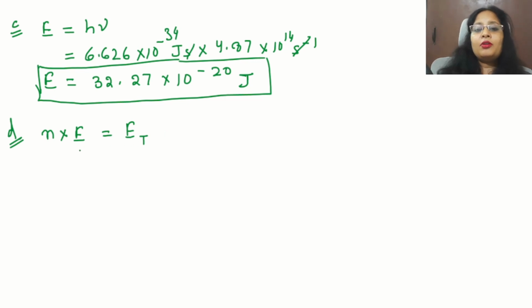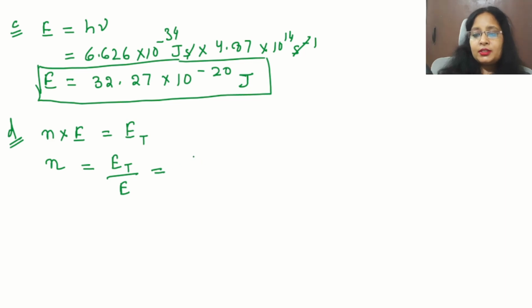So the total number of photons into the energy of one photon gives the total energy. It is given here, total energy they gave is 2 joule. So from here we will get the value of n is equal to total energy upon the energy of one photon.